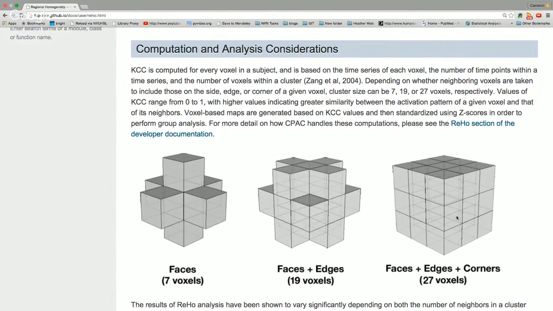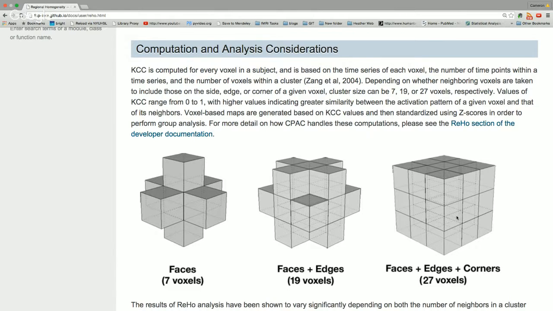And so you might be interested in how synchronous the activity is in that region as an indicator of how big that regional unit is. And then maybe in a pathological case, you could have a loss of synchronization in an area. Again, this might work neurologically if there's any sort of localized lesion in the brain that may be affecting synchrony or something like that. It's kind of an interesting one.